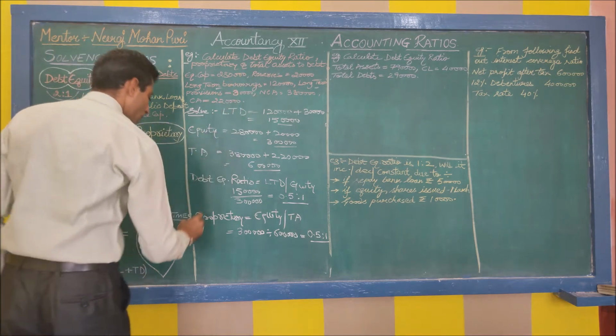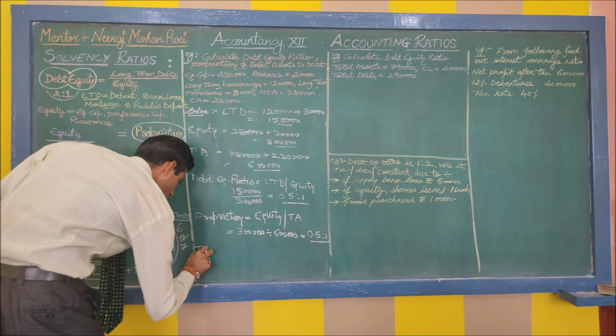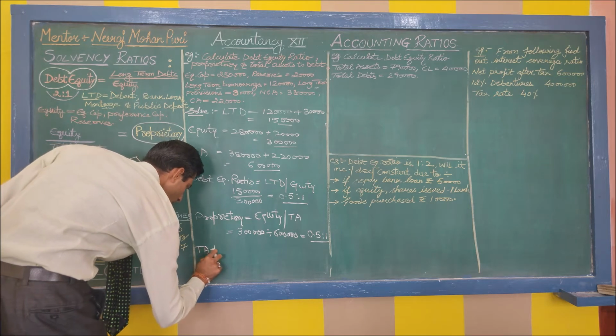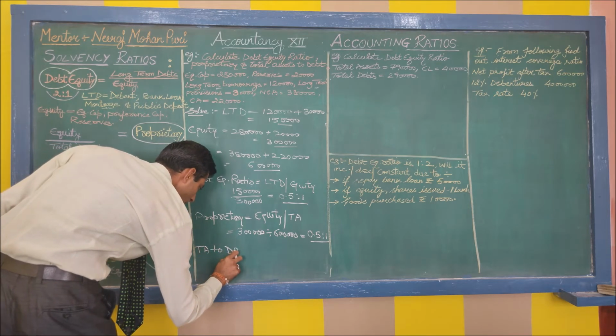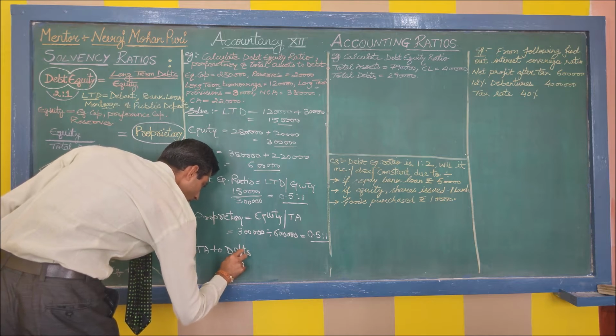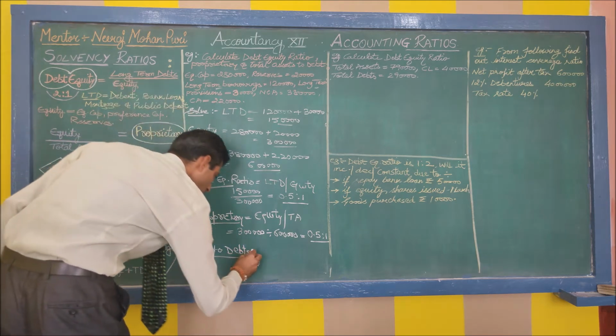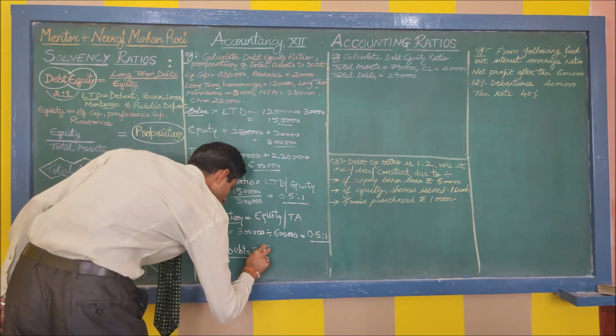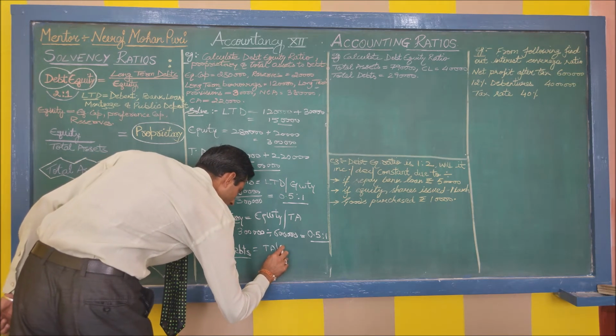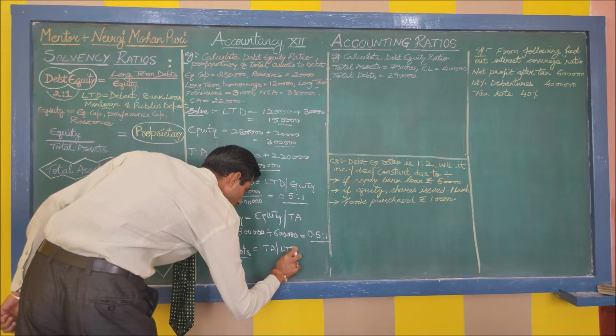Finally, we have to calculate total assets to debt ratio. Formula is total assets upon long-term debts.